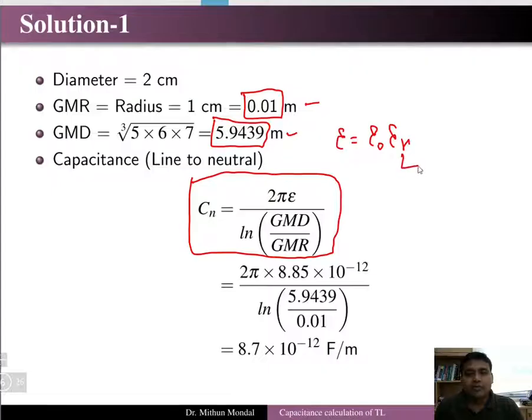The relative permittivity is taken to be 1 and the permittivity of free space is taken to be 8.85 into 10 to the power minus 12. So having substituted all the values, we'll get 8.7 into 10 to the power minus 12 farad per meter. So the unit of capacitance is farad and it is calculated per unit length. So it is farad per meter. So this completes the problem number 1.